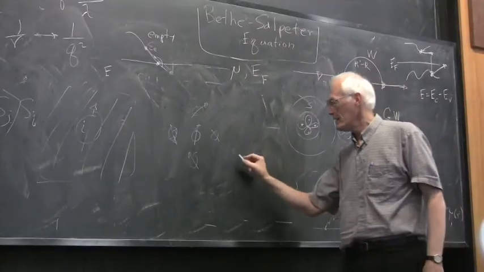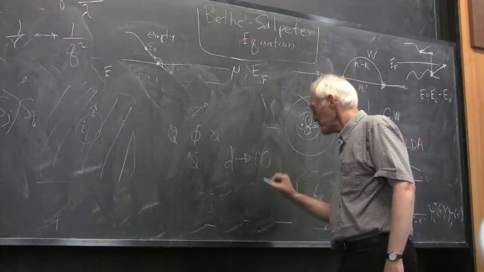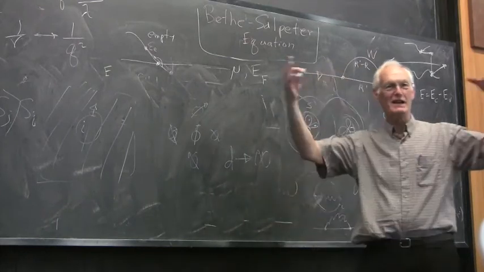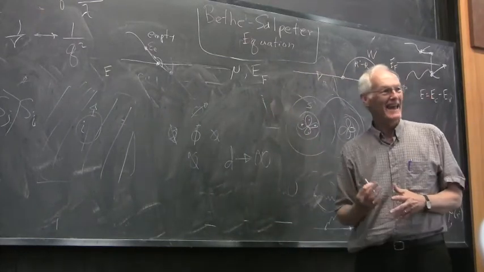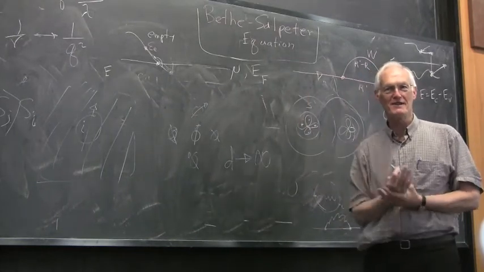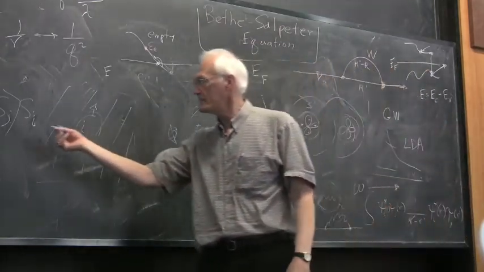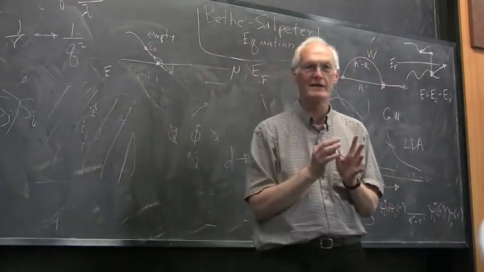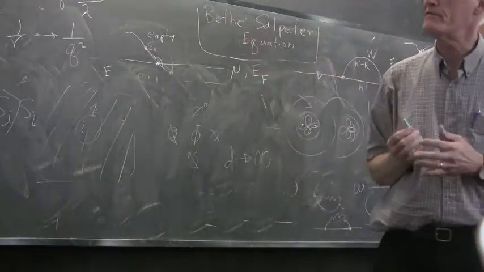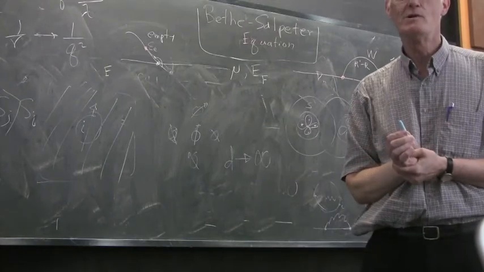And if you have this d go to infinity, it really means that you have an infinite number of neighbors. And mean field theory is exact because there are no fluctuations around that point. And that's been used in spin systems, it's been used in many systems for a long time. And Metzner and Vollhardt realized that it can be used in this problem.